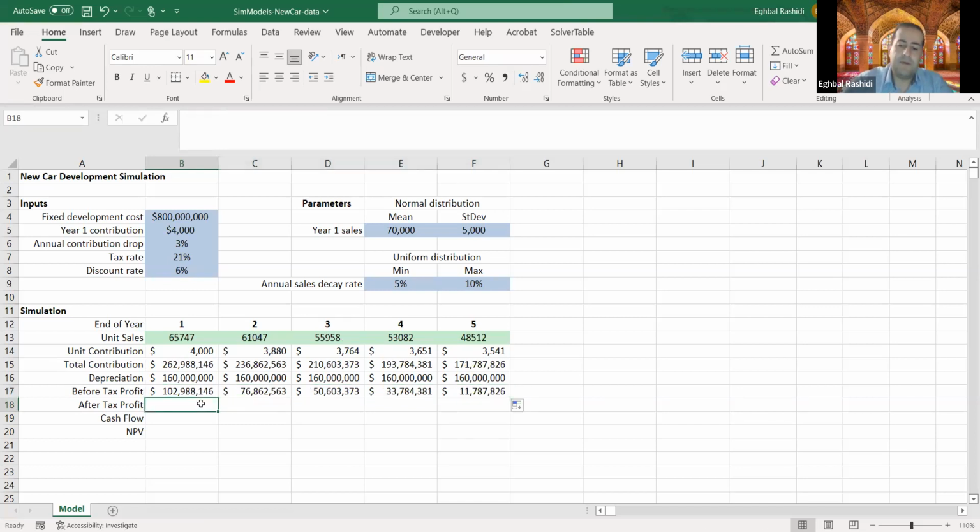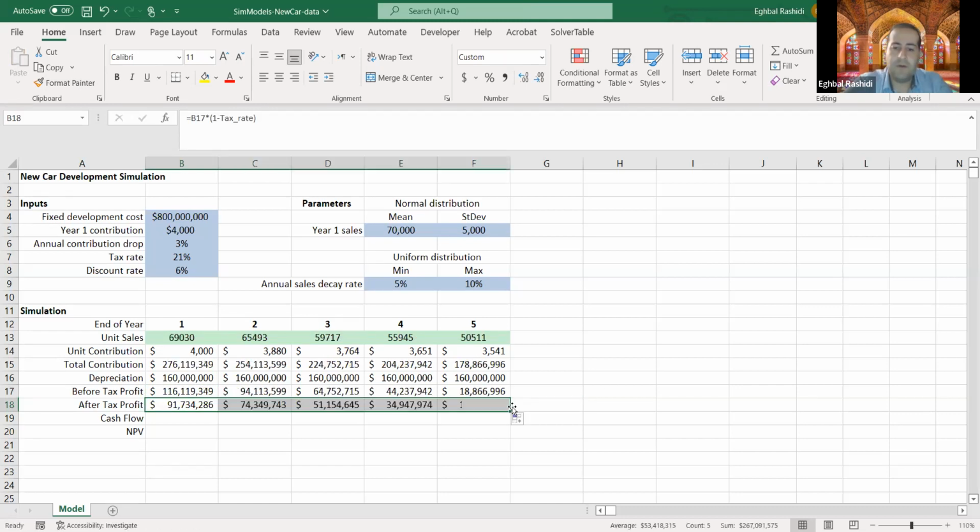And this is where they pay tax on. They pay tax on the revenue minus the depreciation. So that's going to be this value multiplied by 1 minus the tax rate, which is 25%. I'm going to use the format painter here. Okay, now I'm going to drag the formula down to the fifth year.